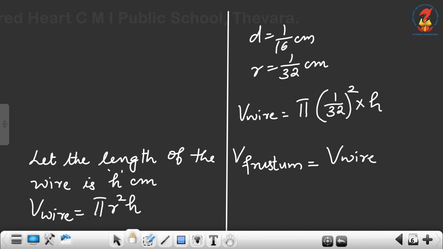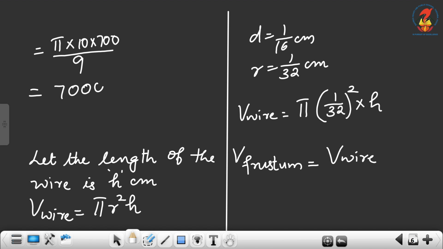Which you can write as pi into 10 into 700 by 9, which is equal to 7000 pi by 9 centimeter cube. This is the volume of the frustum.